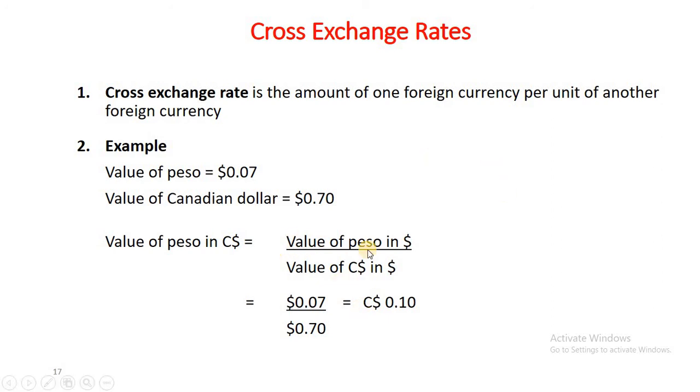It is value of peso in dollar divided by value of Canadian dollar in dollar. We know that value of peso in dollar is 0.07 and value of Canadian dollar in dollar is 0.70. That means it is equal to Canadian dollar 0.10. So it shows 1 peso is equal to Canadian dollar 0.10.